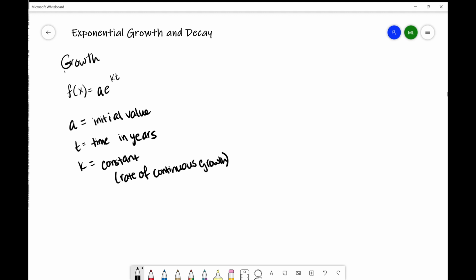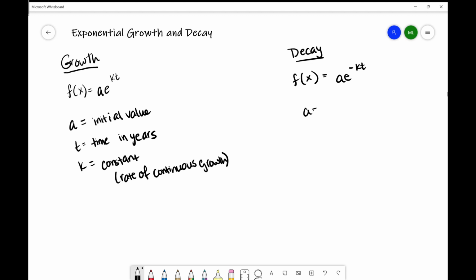Now this is exponential growth. So let's analyze decay. Decay is if I have f of x equals a e to the power of negative k times t. Everything is the same except for the negative.